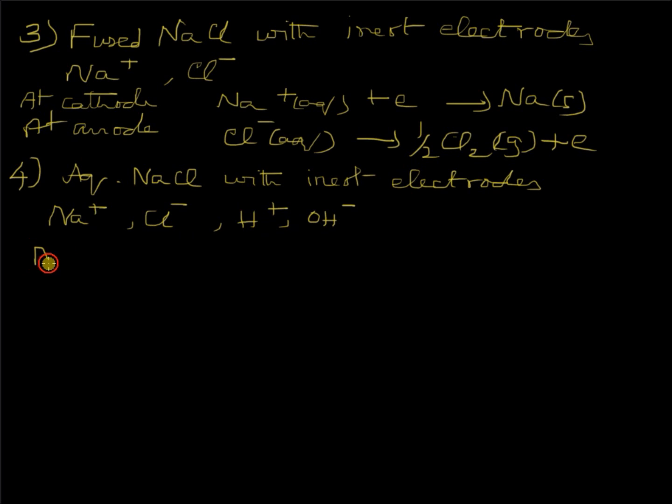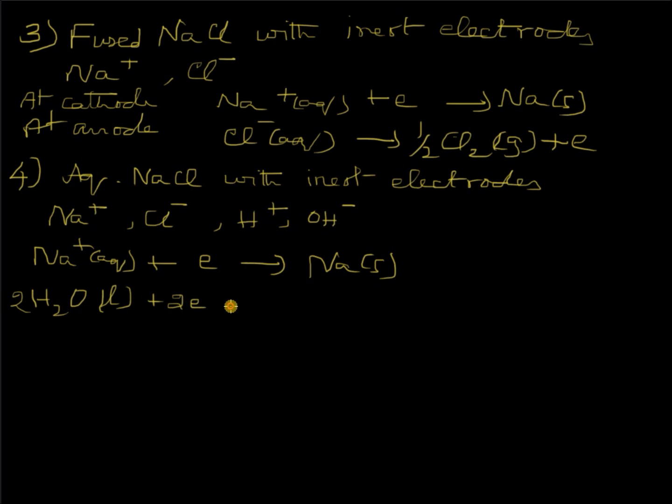When we write the equation for Na plus and water, now you will be able to write the equation for the reduction of water also. 2H2O liquid plus 2 electrons giving H2 gas plus 2OH minus, aqueous.